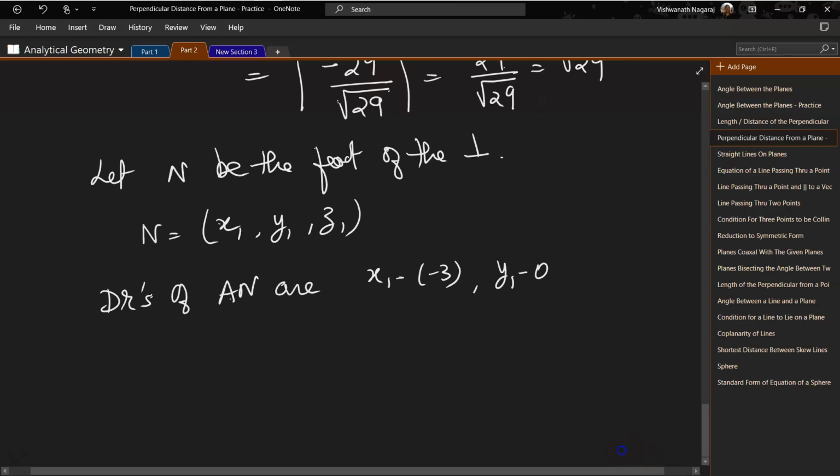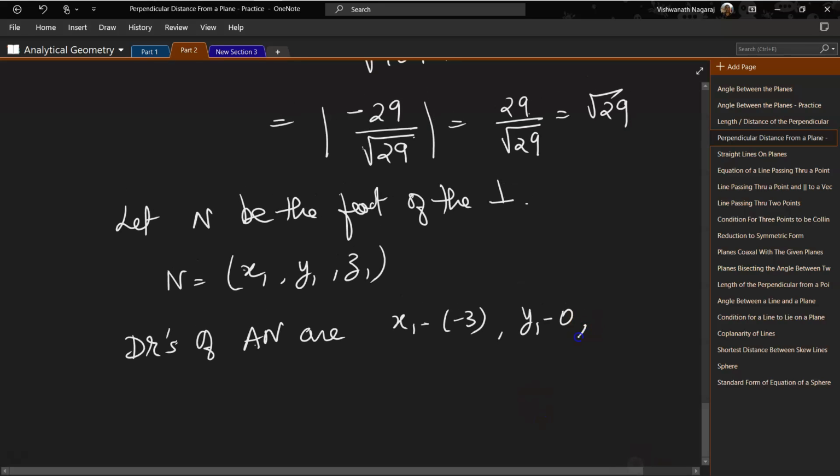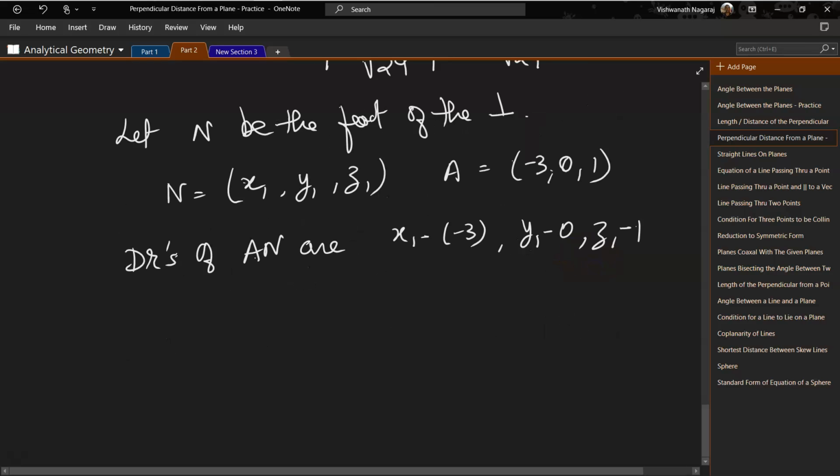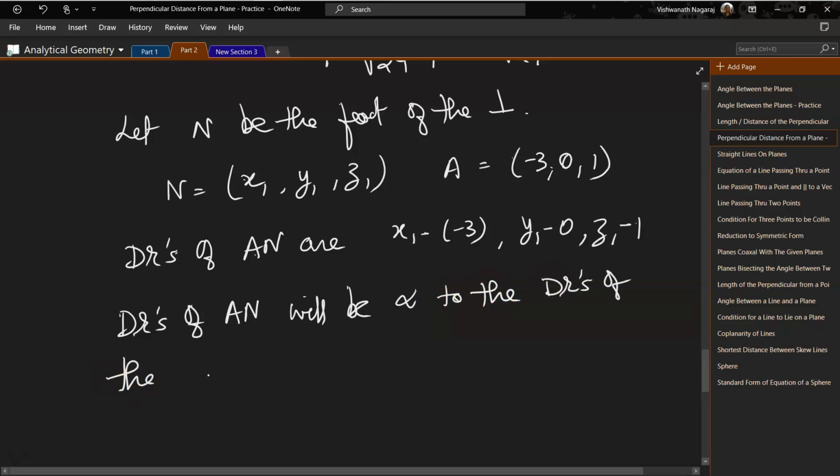The line is AN. So y1 minus 0, and the third is z1 minus 1. Here A is minus 3, 0, 1. Now if you think about it, the DRs of AN will be proportional to the DRs of the normal to the plane, that is nothing but the coefficients.